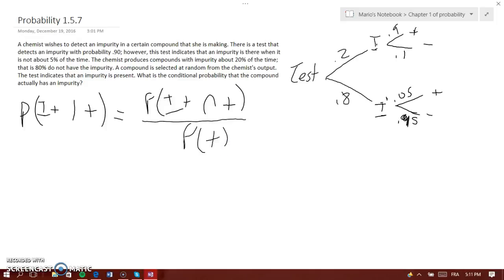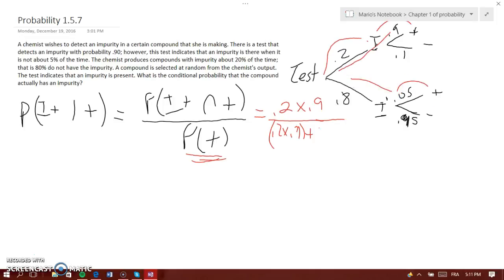That would equal, when I is positive, 0.2 times 0.9 over, because it's only positive here, so it would include this positive, 0.2 times 0.9, plus here also is positive, so 0.8 times 0.05.